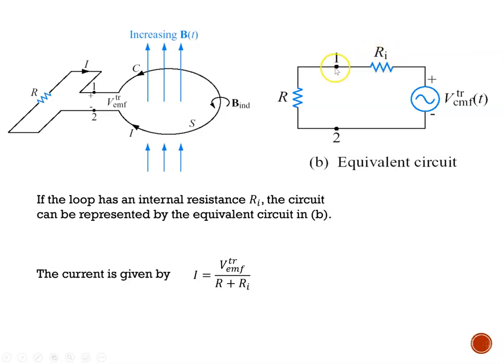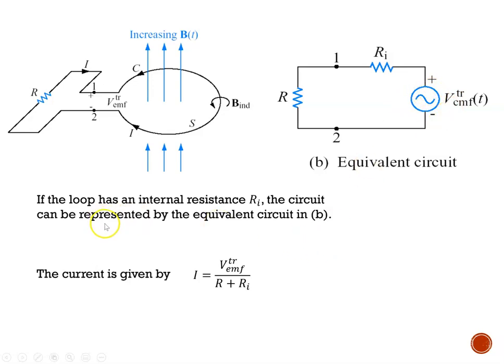So this is terminal 1 and terminal 2 over here, and also the resistance, so you have R over here and R over here, and then the transformer EMF would be after terminal 1 and terminal 2, which is situated here.